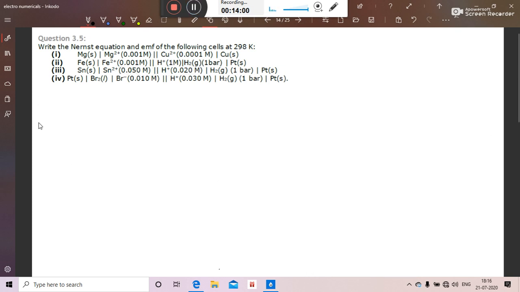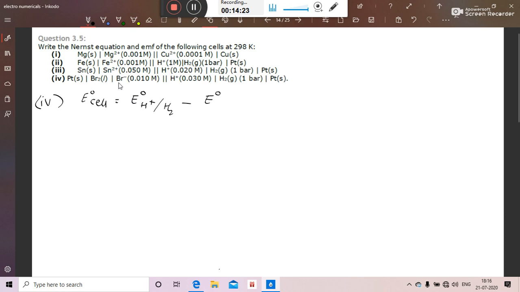Now the fourth part of the same question is platinum, bromine, bromide ion, salt bridge, H+ / H2 / platinum. Now here E naught cell will be equal to the reduction potential of the cathode, that will be H+ / H2, minus the reduction potential of the anode.